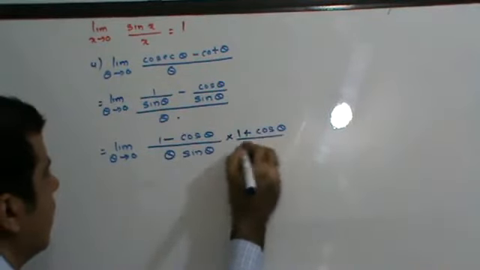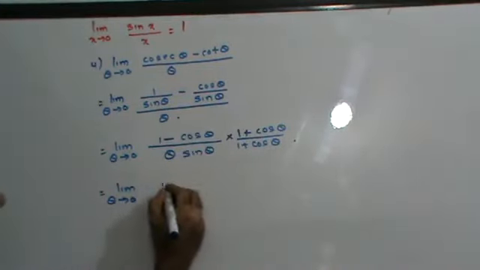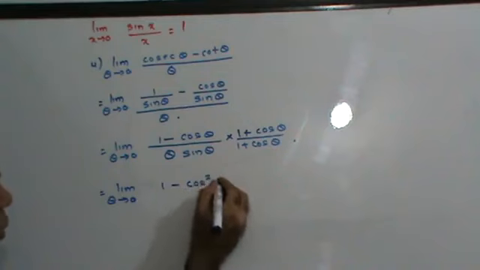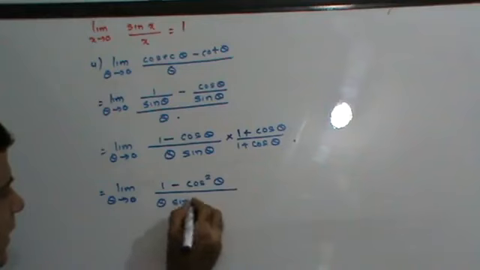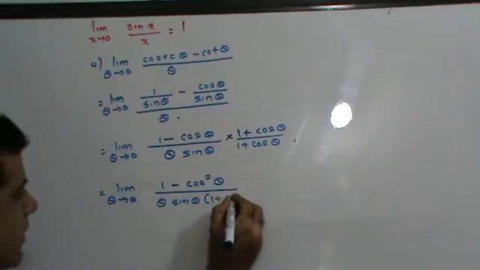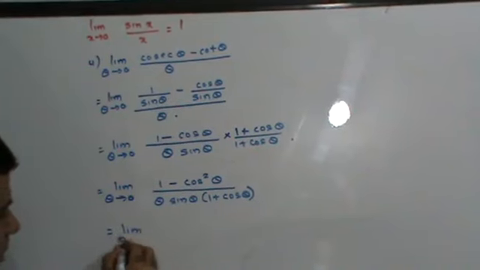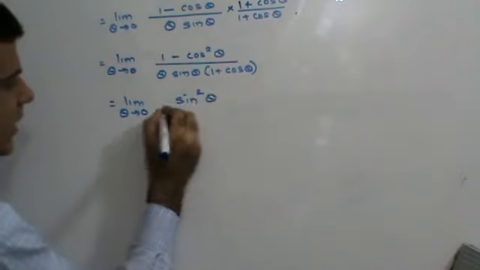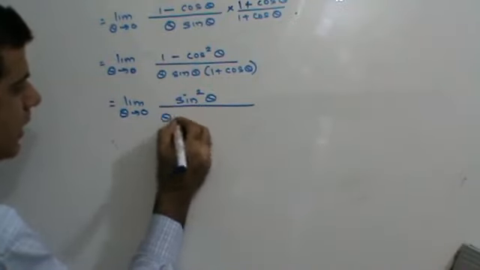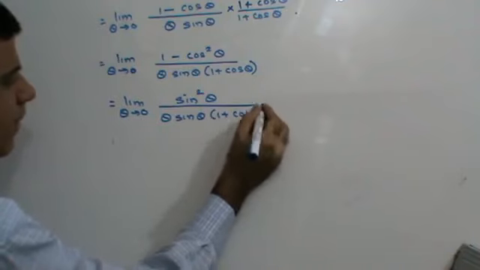Limit of theta tends to 0, a minus b, a plus b. So this is going to be 1 minus cos square theta upon theta sin theta (1 plus cos theta). 1 minus cos square theta is sin square theta upon theta sin theta (1 plus cos theta).